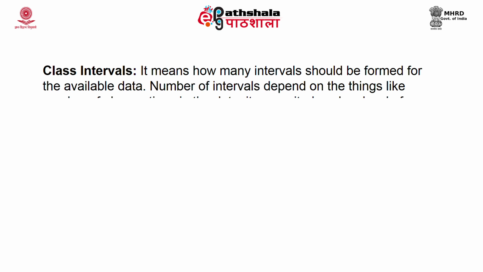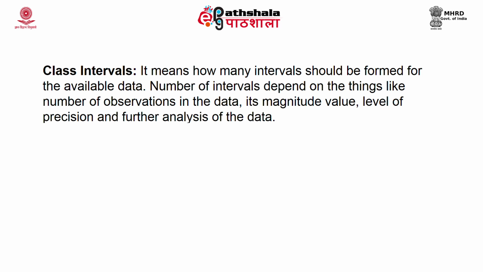Next is class interval. It means how many intervals should be formed for the available data. The number of intervals depends on things like the number of observations in the data, its magnitude, level of precision, and further analysis of the data.